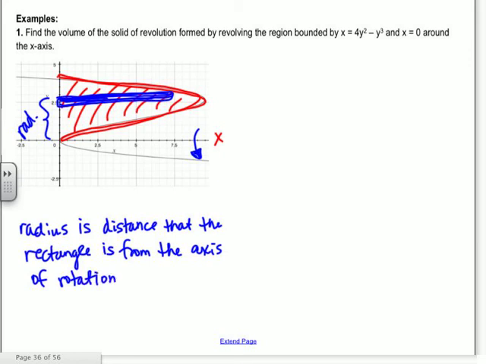You can put your rectangle wherever you want. And then the height is just the height of whatever your rectangle is.